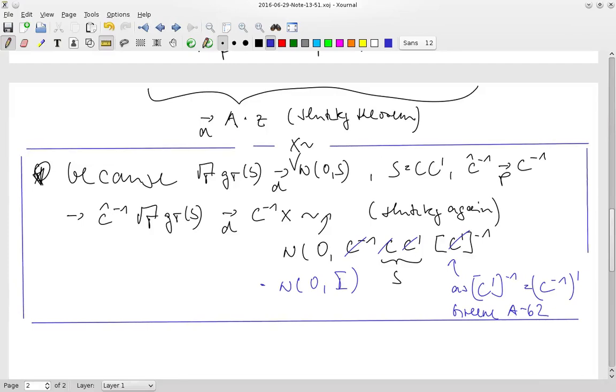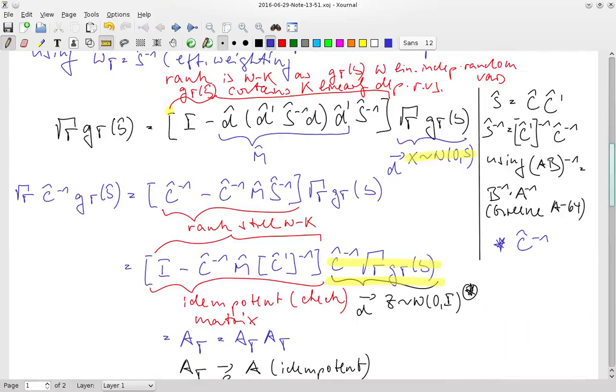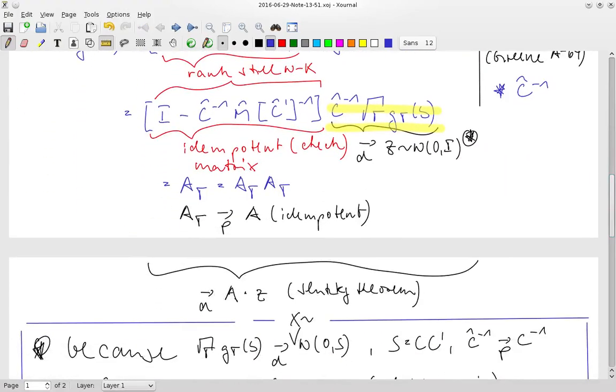This was an intermediate result that shows what's going on with this term that we have here. It is something that converges in distribution to a standard normal distribution.